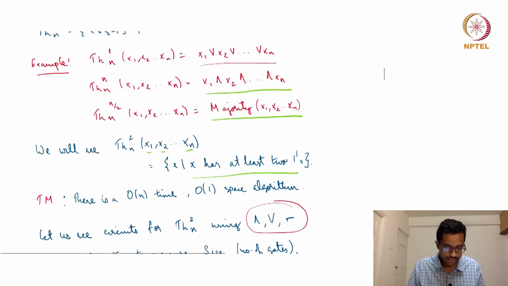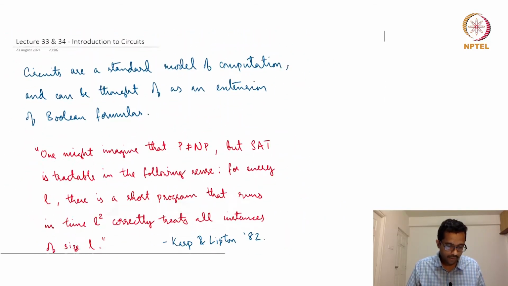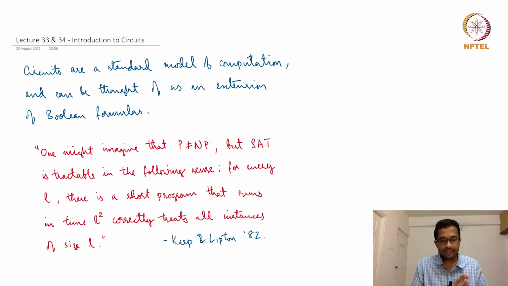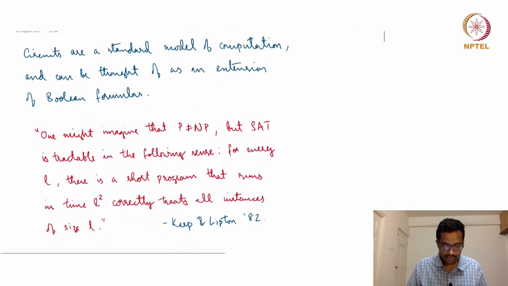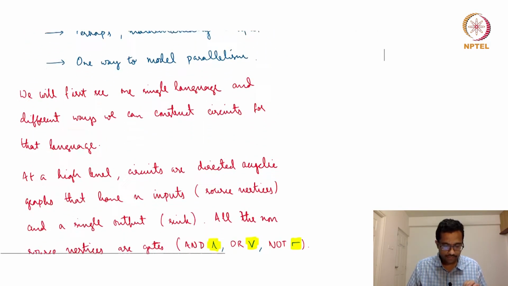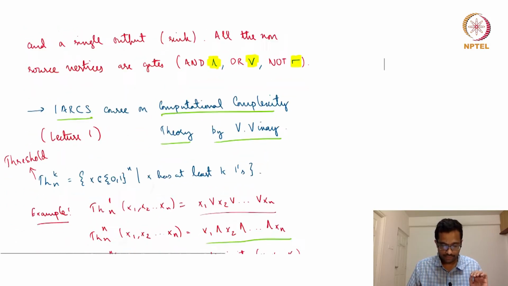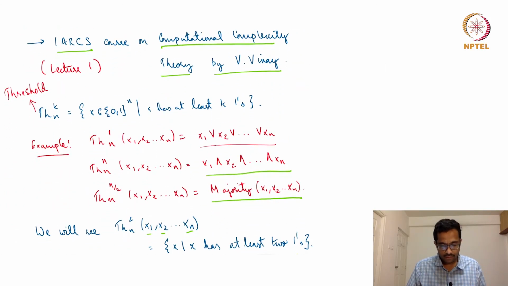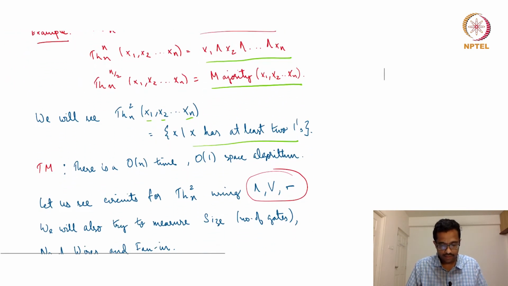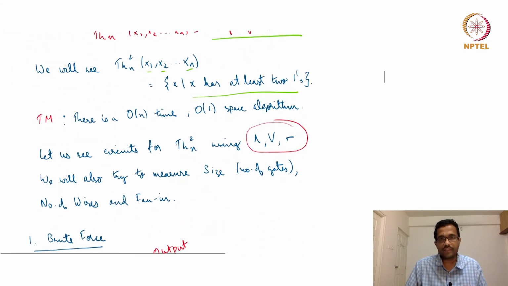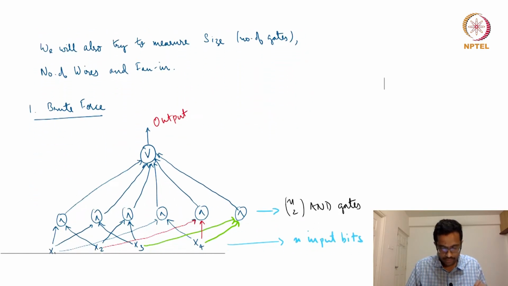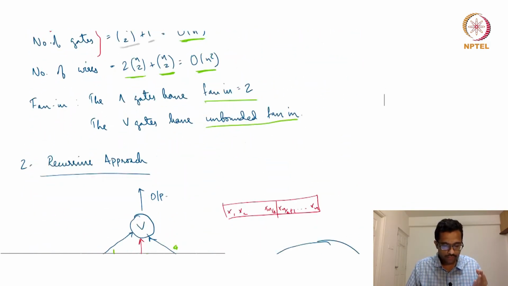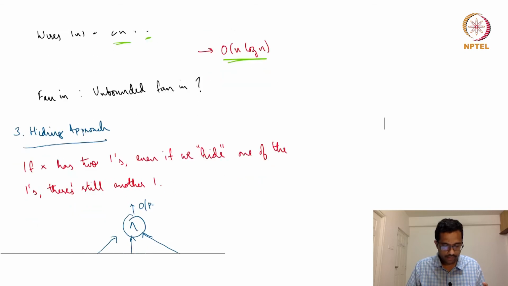So just to summarize this lecture, I introduced what the circuit model of computation is, and the motivations were explained. Then I explained what the threshold function, threshold k function, is, and what we saw in this lecture was the threshold 2 function, and we saw 3 approaches: the brute force approach, the recursive approach, and the hiding approach.